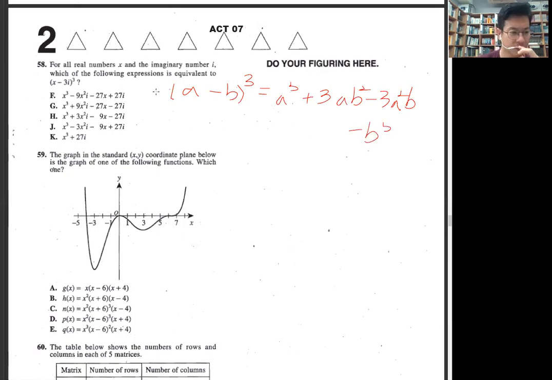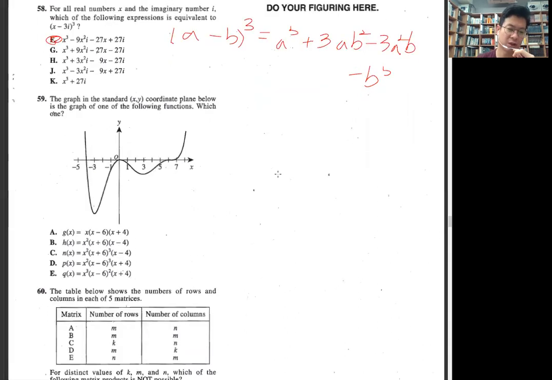Okay, so b squared. This one. Yeah. You just simply put this one. Or if you don't know, you can just multiply it 3 times, but that takes longer.